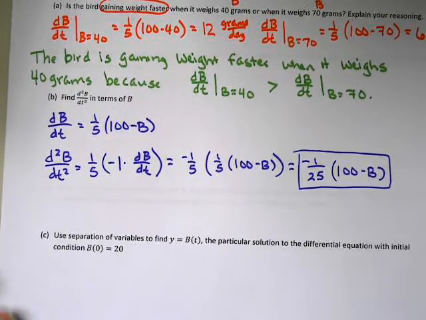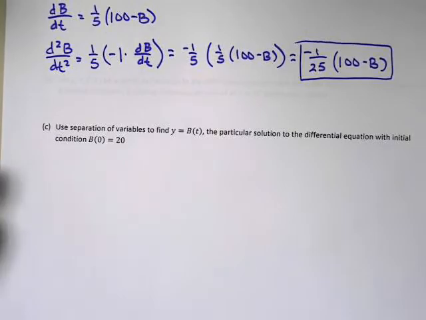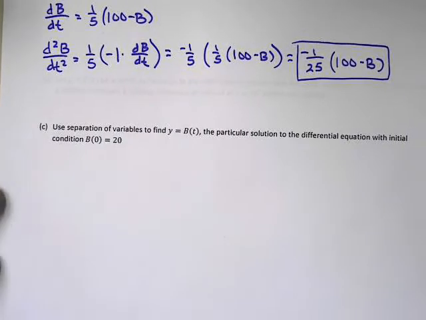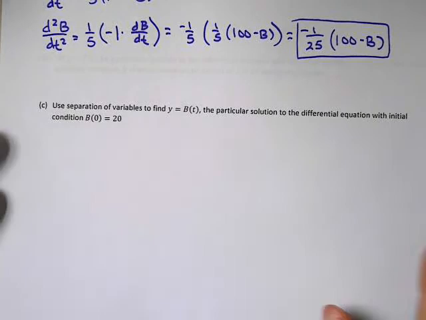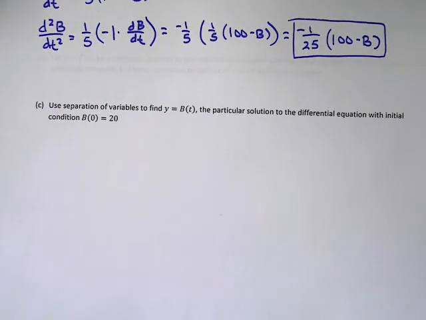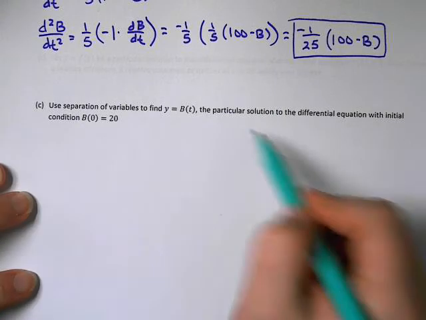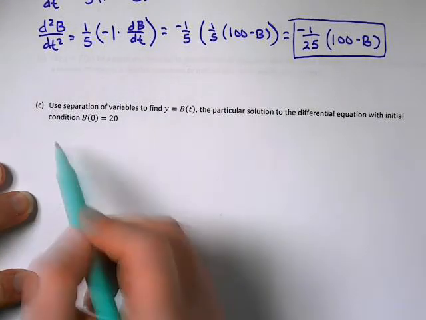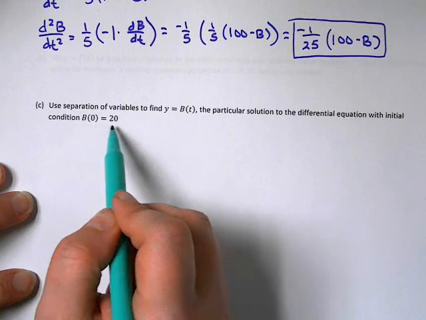All right, then part C is very similar to some of the problems that we did in class when we were practicing solving differential equations, but it's a good one to have in your notes. So use separation of variables to find the particular solution to the differential equation with a condition b of 0 equals 20.